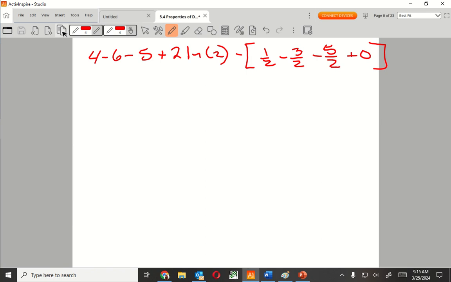So take away one of those, so that's going to be minus 4 over 2, minus 7 over 2. Alright, let's make these all over 2's. So that would be 8 over 2 minus 12 over 2 minus 10 over 2. So that's going to give me what? Negative 14 over 2.